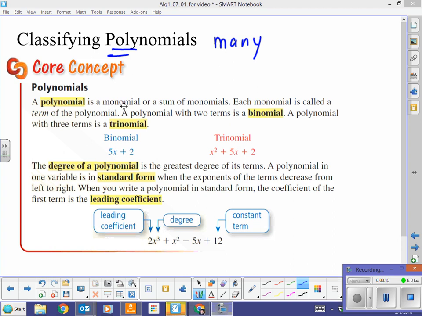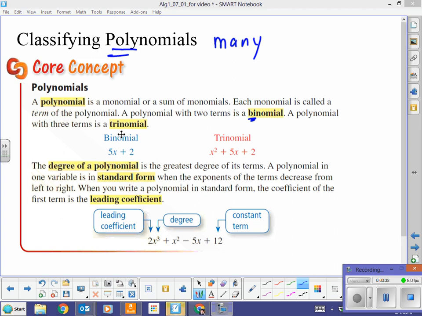So a polynomial is a monomial or the sum of monomials. Think of polynomials as kind of an overarching term that includes monomials and other types such as binomials, bi meaning 2. A polynomial with 2 terms is a binomial.